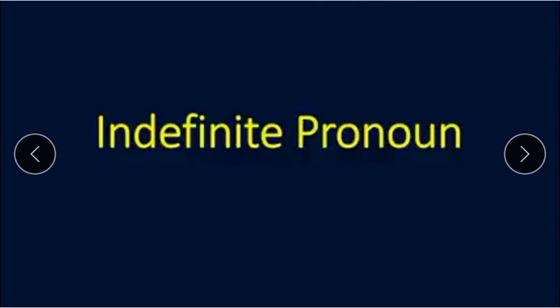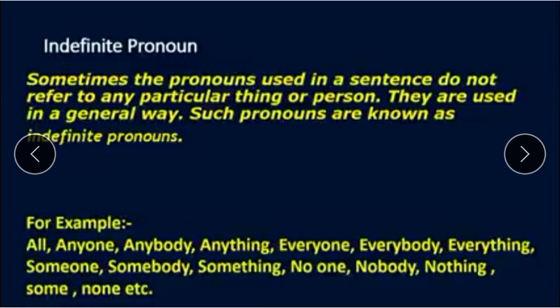Next are indefinite pronouns. Indefinite pronouns refer to people or things in a general way, without exactly saying who or what they are. Sometimes the pronouns used in a sentence do not refer to any particular thing or person. Such pronouns are known as indefinite pronouns.